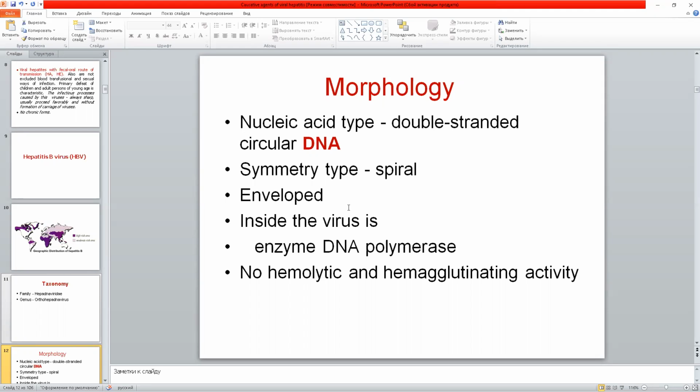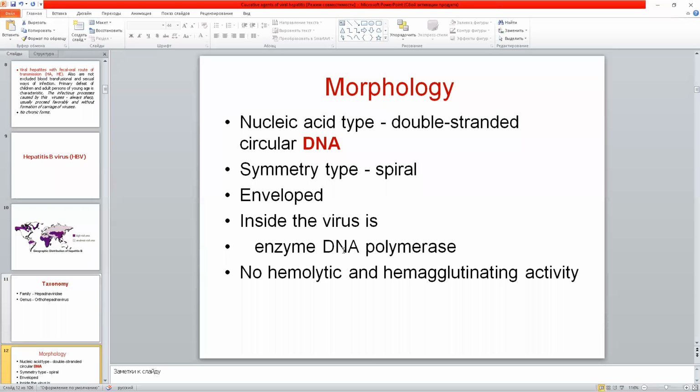They are just able to reproduce inside the human cells by using ribosomes and enzymes of human cells. If we interrupt virus replication inside the human cell, we will interrupt the multiplication of human cells. So it is dangerous.